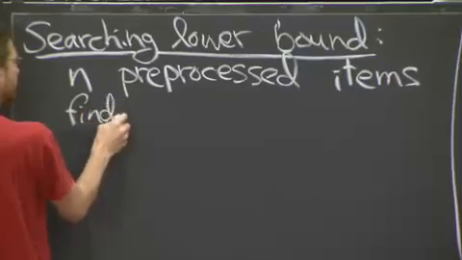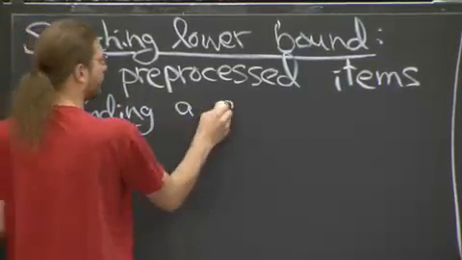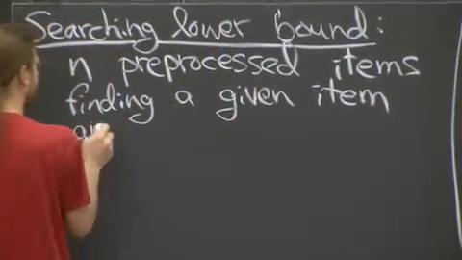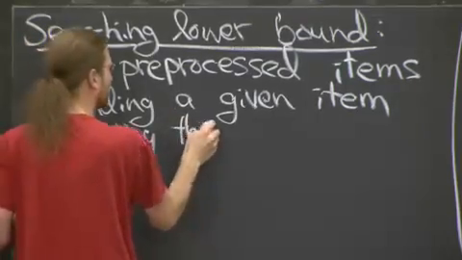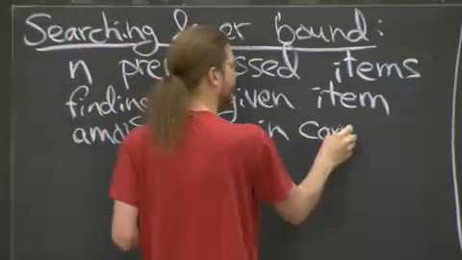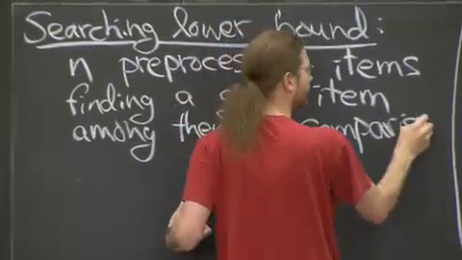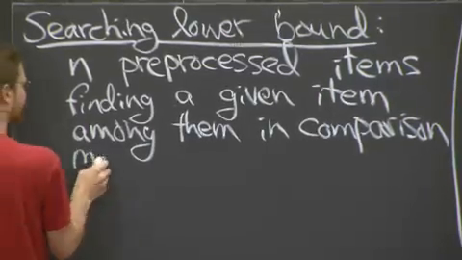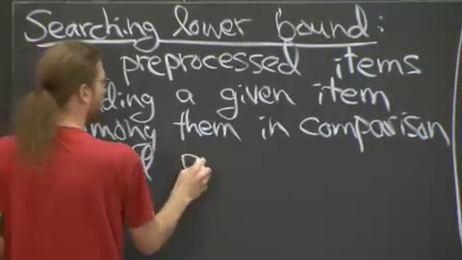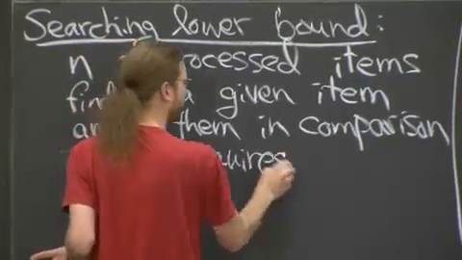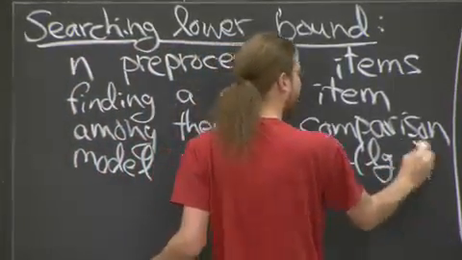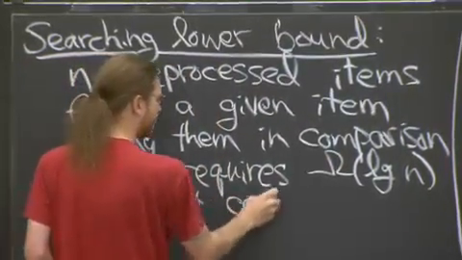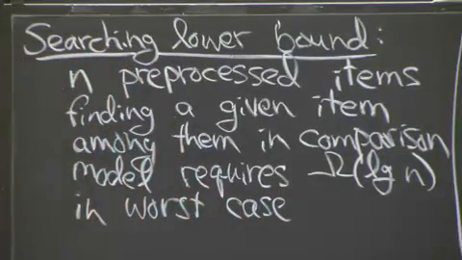Then finding a given item among them in the comparison model, so all you're allowed to do with the items is compare them, requires omega log n comparisons in the worst case. Okay, it's kind of tedious to write down these theorems, but it's our first lower bounds. I thought I'd be super explicit.